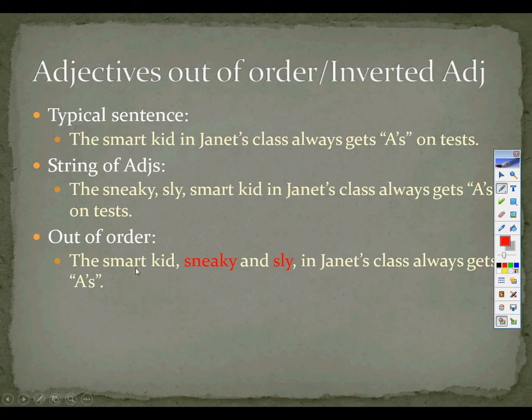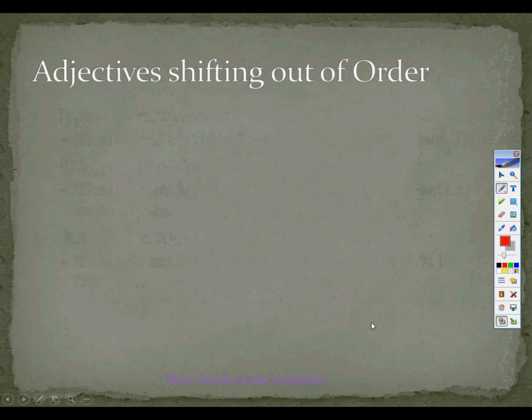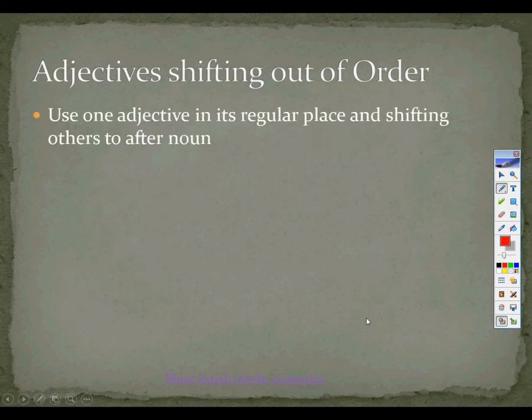We're trying to make the sentence sound better, and that's by moving those adjectives. So again, adjectives out of order are when you move, usually, one or more adjectives to after the noun.